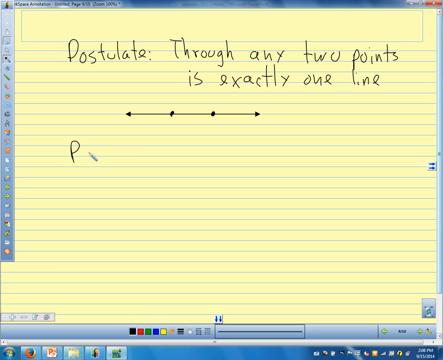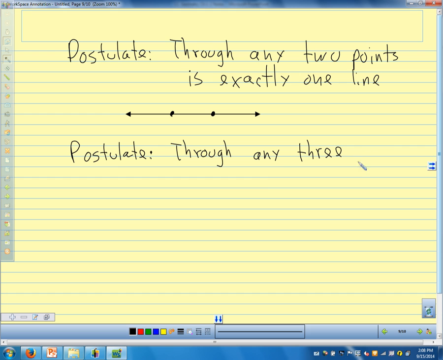And finally, our last one for today. Through any three non-collinear points. So what do we mean when we say non-collinear?